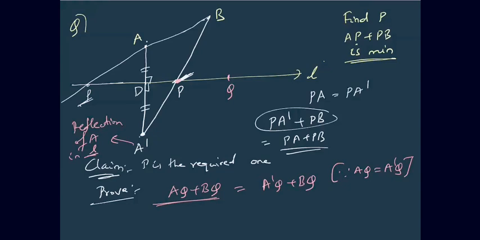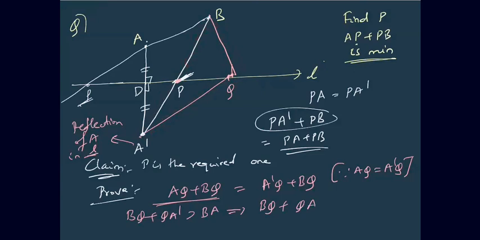Now if you notice this triangle BQA dash, you can find that BQ plus QA dash will be greater than BA dash, which in turn implies that BQ plus QA will be greater than BA dash.